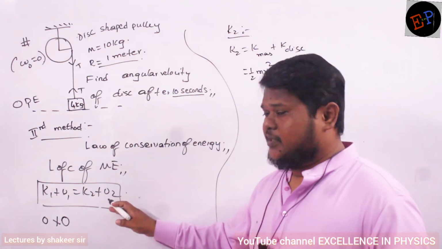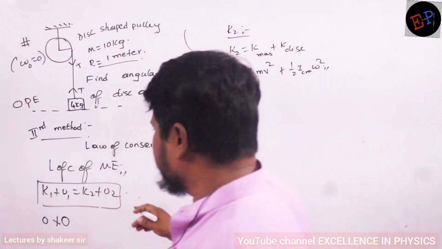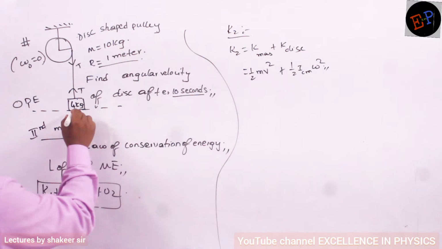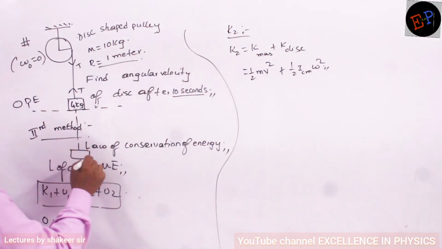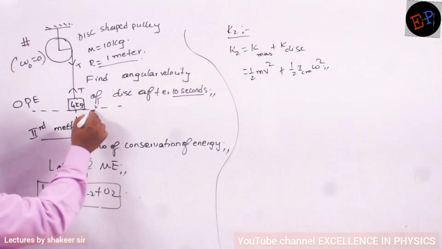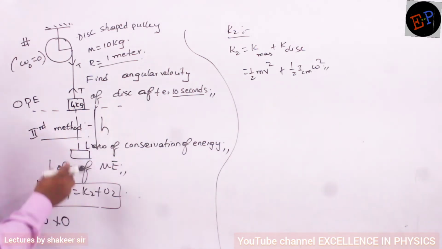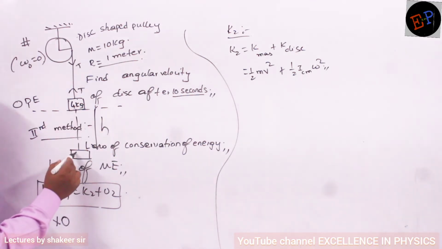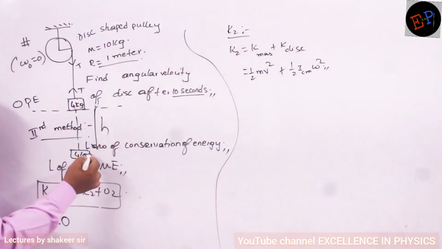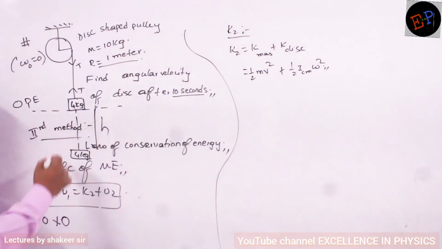And final potential energy. So let us consider this mass reaches somewhere up to here. So it has come downwards by a height of h. That's all, no? This mass comes a little downward, the 4 kg body. And what is the height reached by the body? I don't know. So let us assume that height to be h. Understood, no?